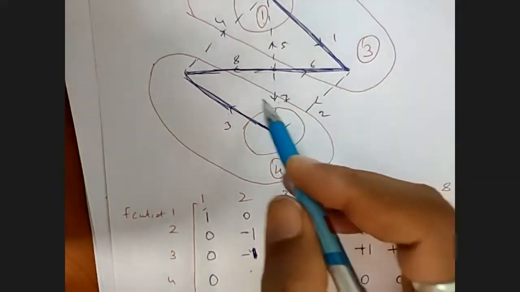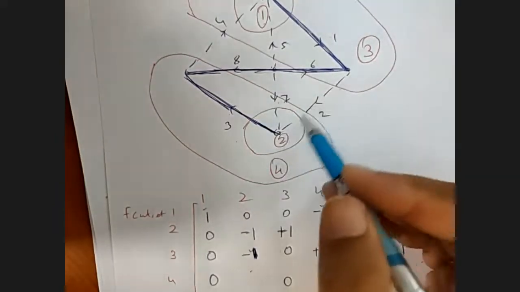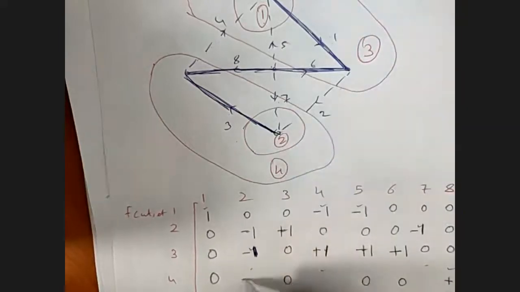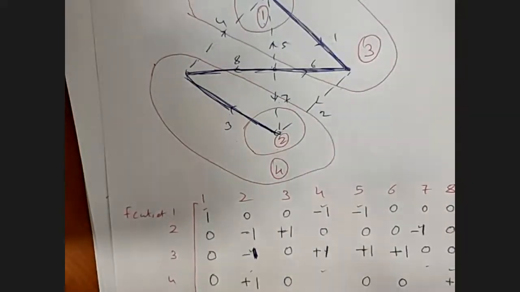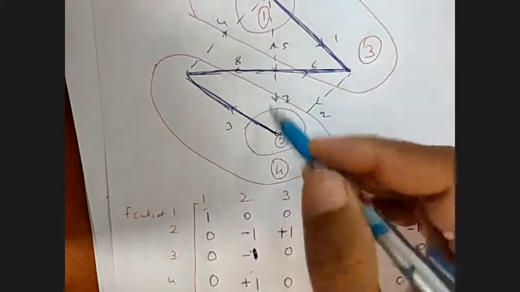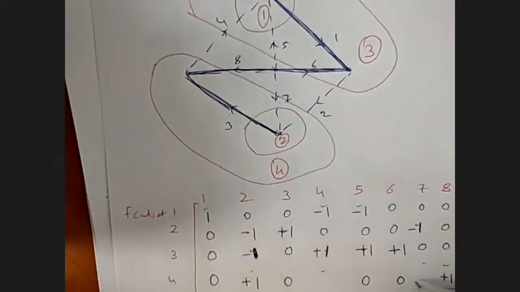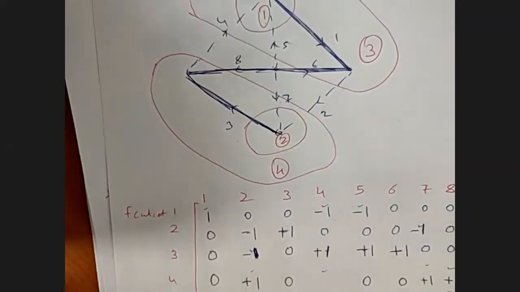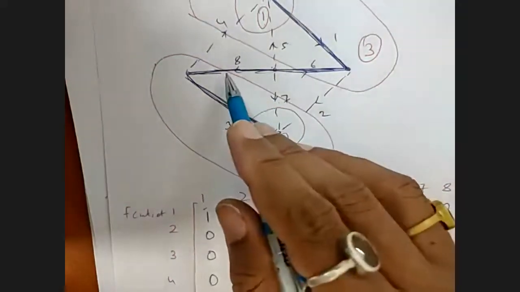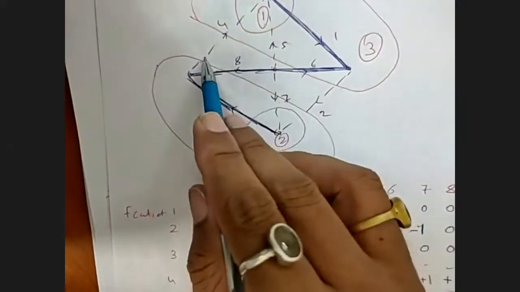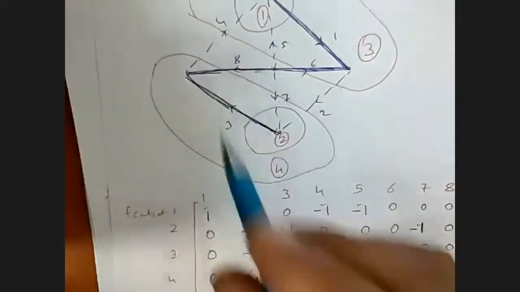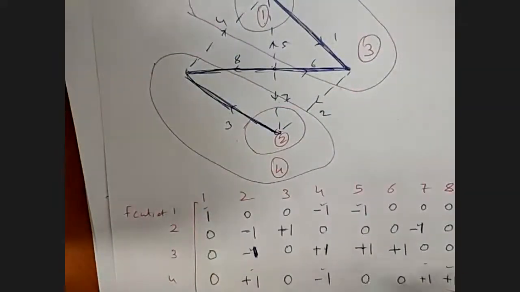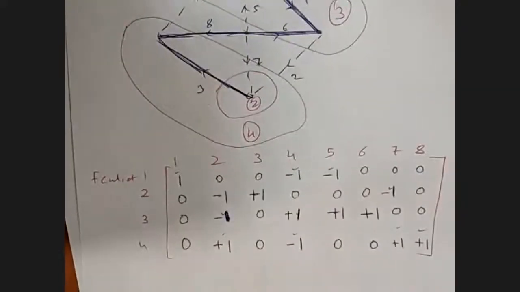Then branch number 2, it is also incoming to the circle. So that means plus 1. 7 is also incoming to the circle. That means plus 1. And 4 is outgoing to the circle. So it is minus 1. This is your cut set matrix.